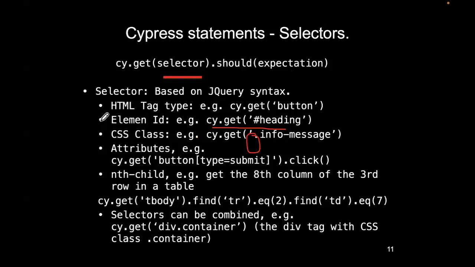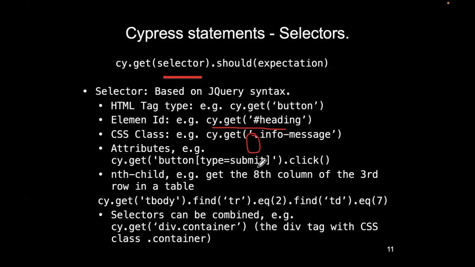So HTML tag, element ID, CSS class, or you can specify really any attribute of an element. CSS is one attribute, but elements can have other attributes as well. And so, for example, supposing there are a number of buttons on a web page, but only one of the buttons has an attribute called type, and the value assigned to that attribute is submit.